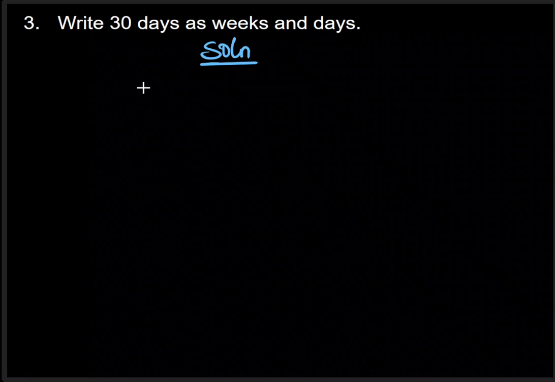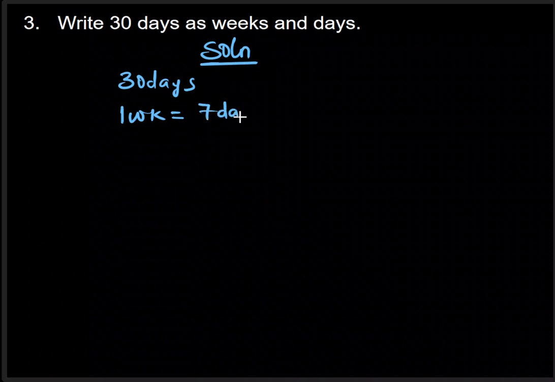So we move to number 3. What do we have? Write 30 days as weeks and days. Alright, so we need the relationship between weeks and days. We have that 1 week is equal to 7 days.